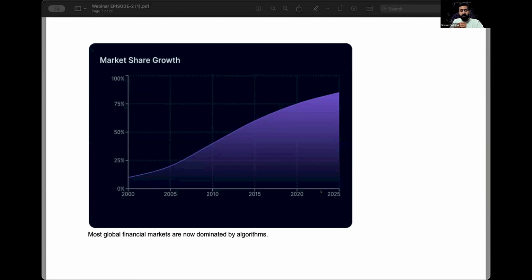And then machines slowly and quietly took over the financial markets. Most of the global markets are now dominated by algorithms. For example, hedge funds, market makers, quantitative trading firms, and some hedge funds no longer hire traditional traders. They hire physicists, mathematicians, and tech people because trading is now data science.